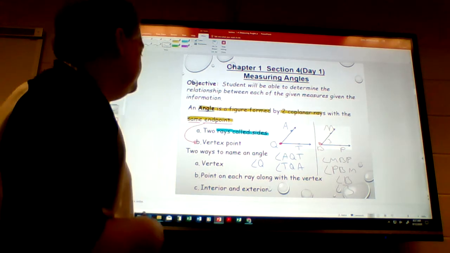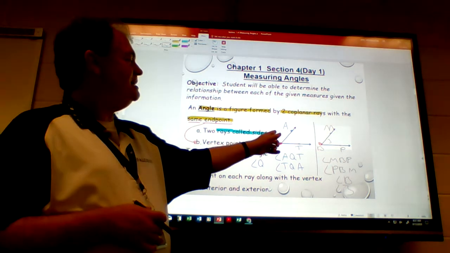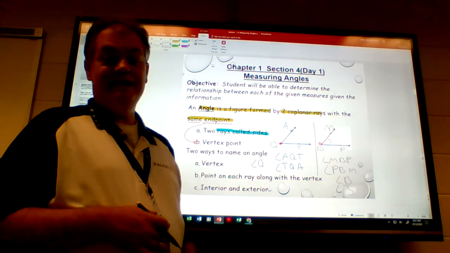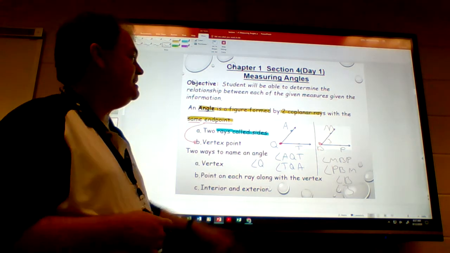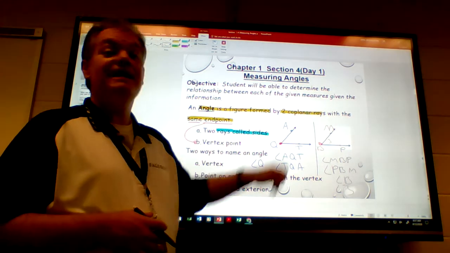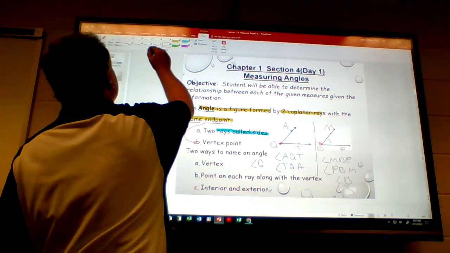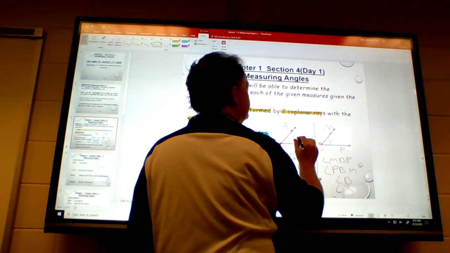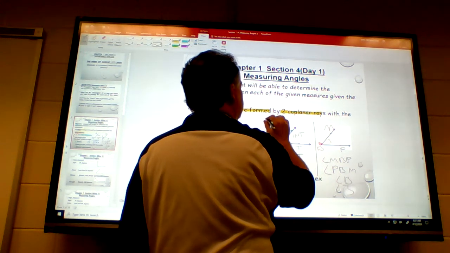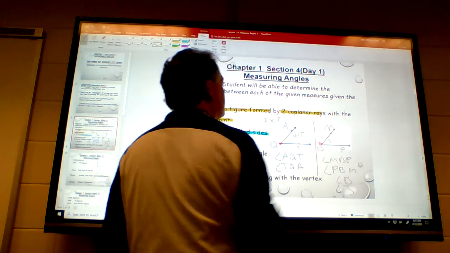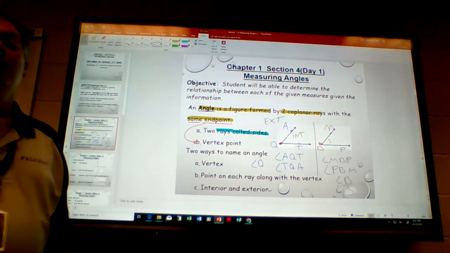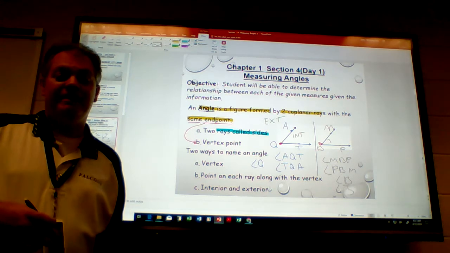By the way, outside the angle is the exterior, inside is the interior. Let me say that again. Exterior, interior. I'll even write that down for y'all. This is the interior, and now here is the exterior. All information that you need to know about angles.